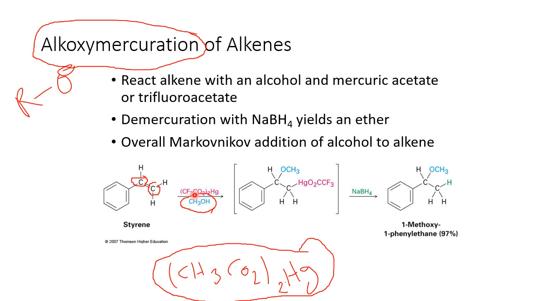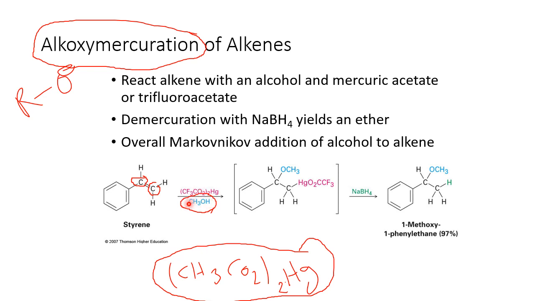So if the methanol will add على هاي البوند، وين راح تضيف؟ راح تضيف على المور substituted، لأنه احنا مستخدمين ميركوري أسيتيت. وحكينا بالميركوري أسيتيت والميركوري ترايفلورو أسيتيت، هاي الميثود adds your H2O سابقا لما حكينا عن الأوكسيميركوريشن، بتضيفها على المور substituted carbon. هون لما نحكي عن الألكوكسيميركوريشن the same rule applies.